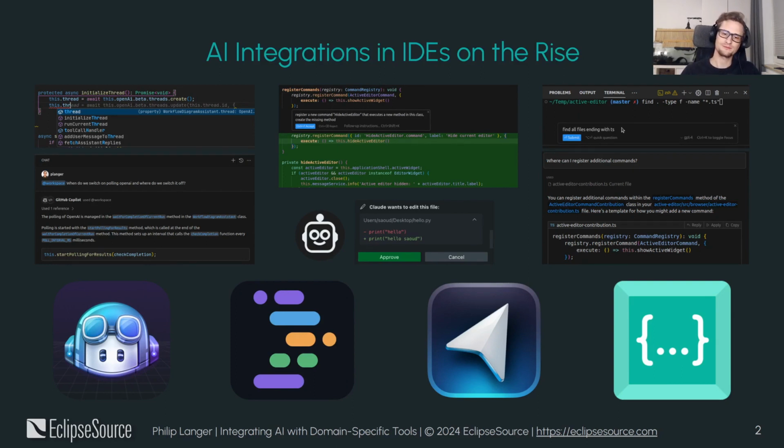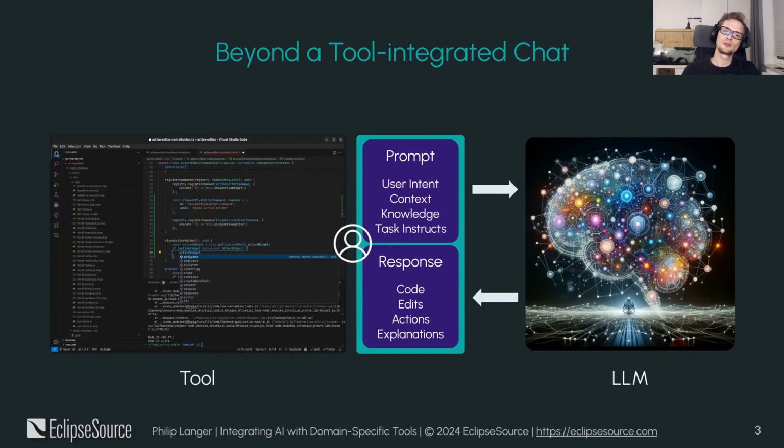command and run it. And what these tools really provide and what makes them so special is that they go beyond just a tool integrated LLM chat window, right? So if you would have just a chat window to talk to an LLM in your IDE, you would still yourself be responsible for defining your user intent by providing the prompt, specifying the context that is needed to perform the task that you're asking, the knowledge and so on.